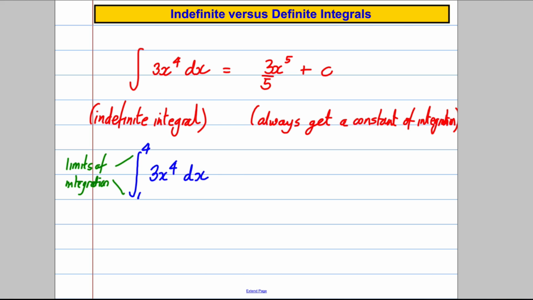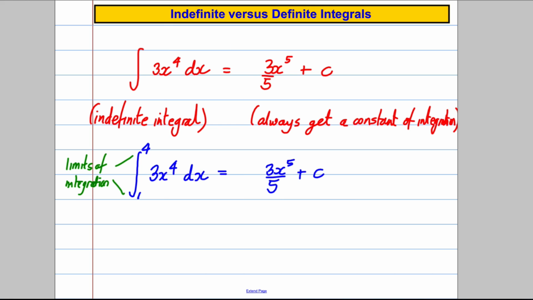Okay, when you see this, you perform 3 stages, and here's stage 1. So stage 1, I'm going to write in blue. You do the exact same as you did before. You integrate. You add 1 to the power, so you have 3x to the power of 5 over 5. Okay, let's say you add the c. I'm going to change this in a second.